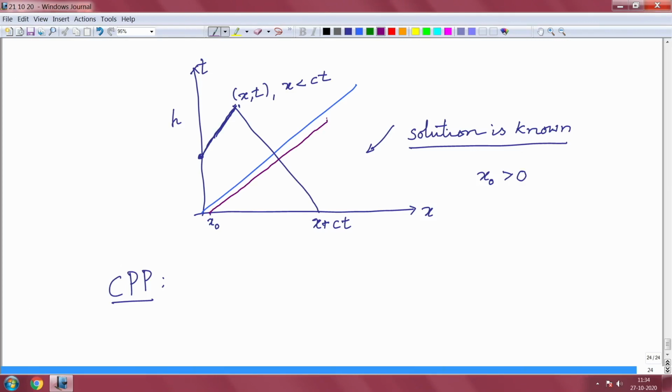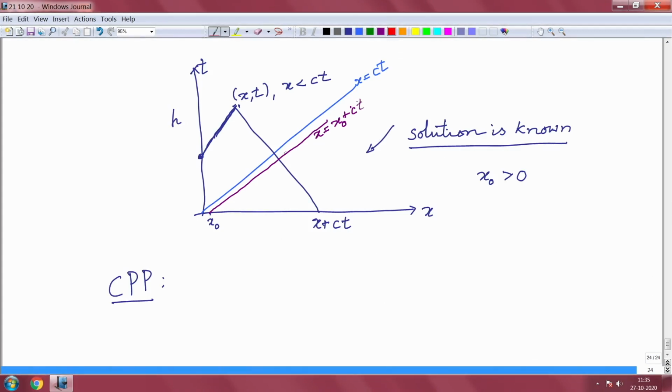So, this is the characteristic, which you can write as x equal to x 0 plus c t. This blue one is x equal to c t, that is passing through the origin, and now this is passing through the point x 0. So, that is a characteristic.